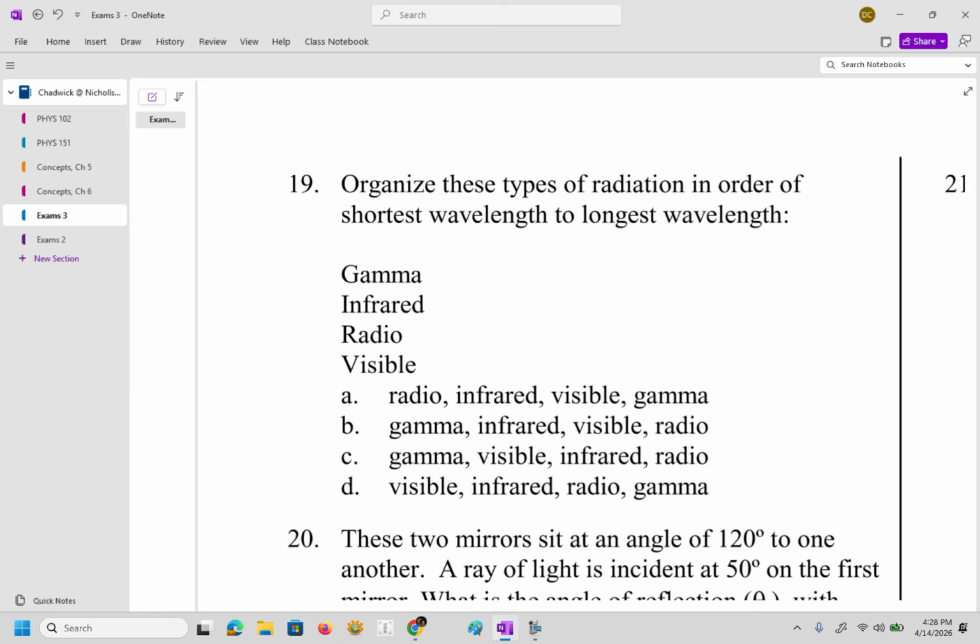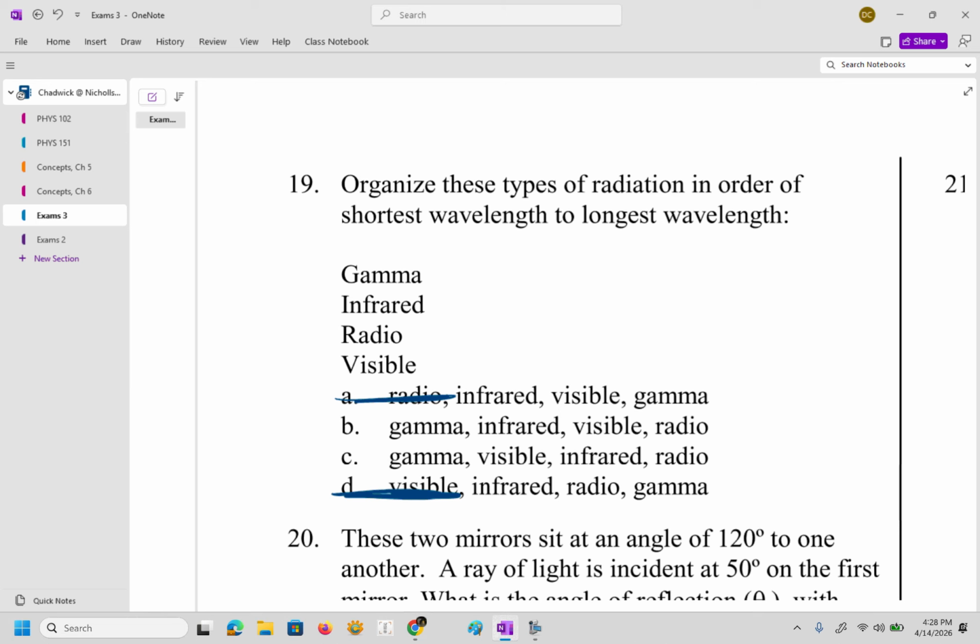But in this case, short wavelength is high energy, and a long wavelength is low energy. That's gamma, so that gets rid of A and D. It must start with gamma. And then the low energy should be on the other end, which is radio. Radio is the lowest energy, and the longest wavelength is radio waves.